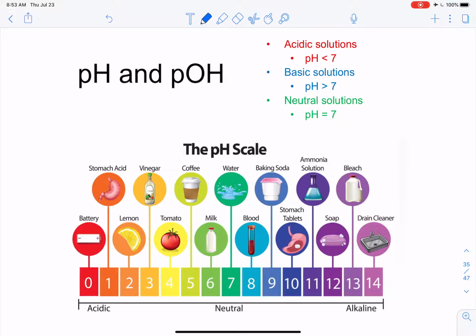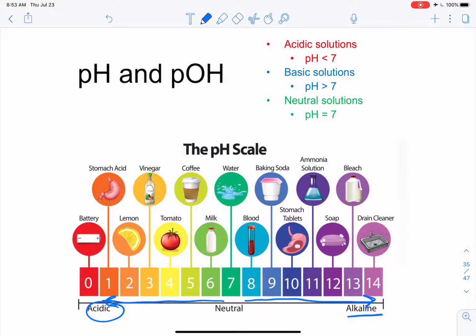So let's take a look at the pH scale at the bottom. So what we can see is that acidic solutions have a pH that's less than 7. So we're over here in the acidic zone, pH less than 7. And basic solutions, which are also called alkaline or alkali solutions, have a pH that's greater than 7, so this way.